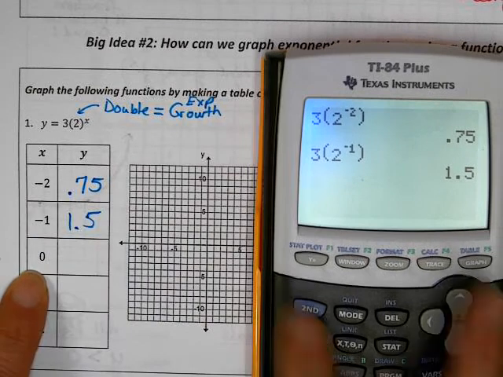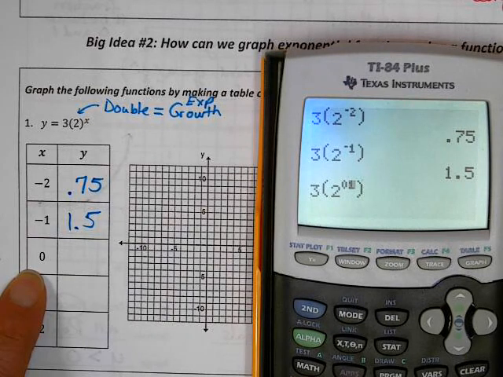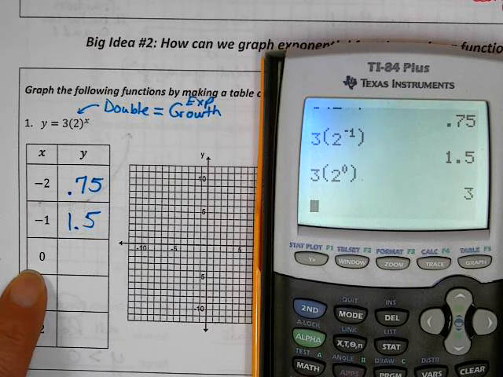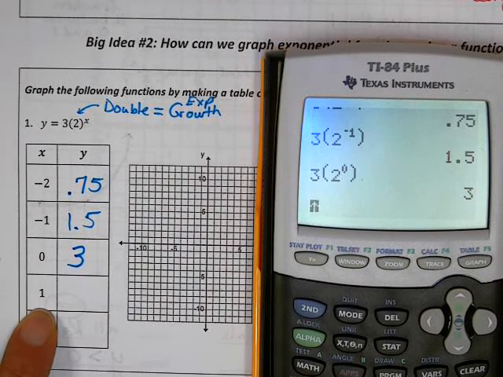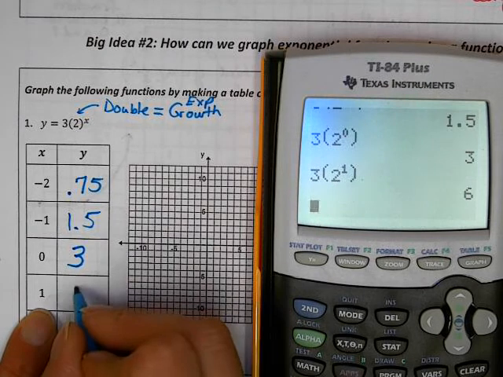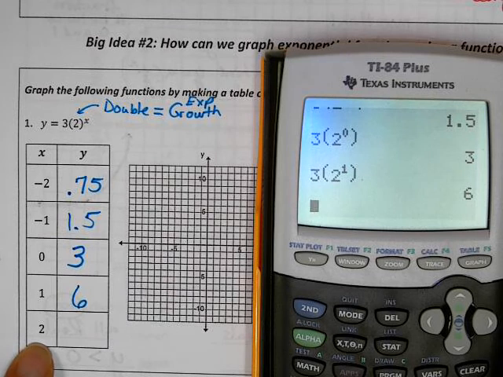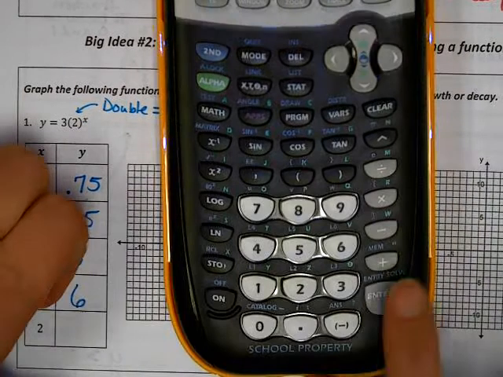Second enter, change -1 to 0, and that's a 3. Second enter, change 0 to a 1, and that's 6.